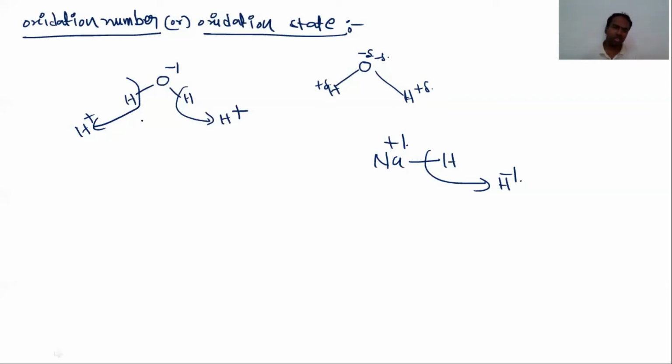Here in the water molecule, if you remove the second hydrogen as H+, because H has lower electronegativity, then the possible charge that appears on the oxygen is one more -1. So in total, oxygen gets the -2 charge when you remove the two hydrogens attached to it. This -2 is called the oxidation number or oxidation state.